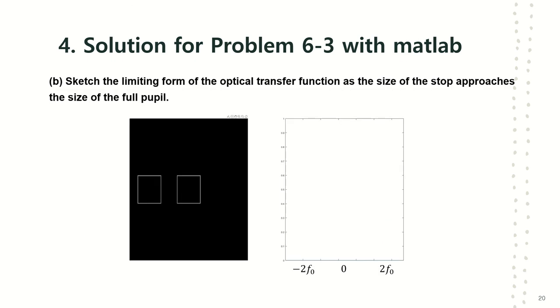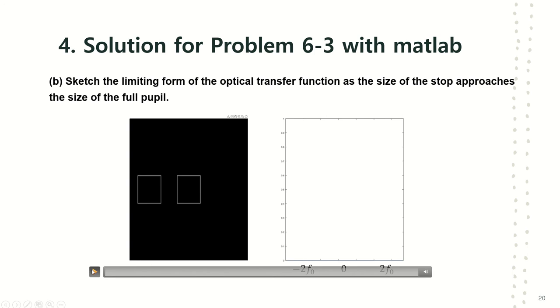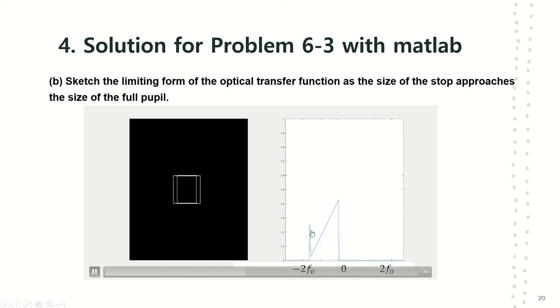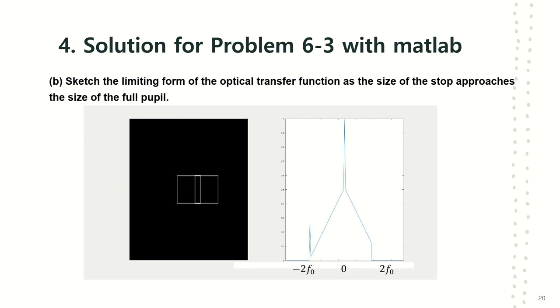This is the optical transfer function when the size of the star approaches the size of the pupil. The side peak value is a quarter because the overlap area ratio is a quarter when first met.